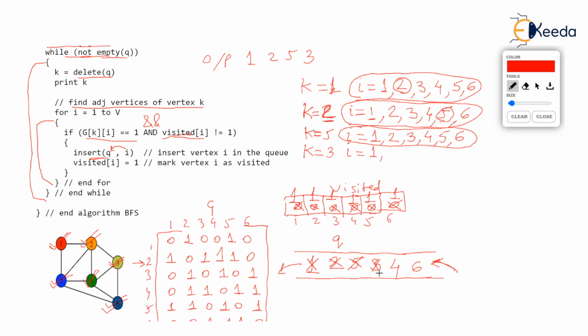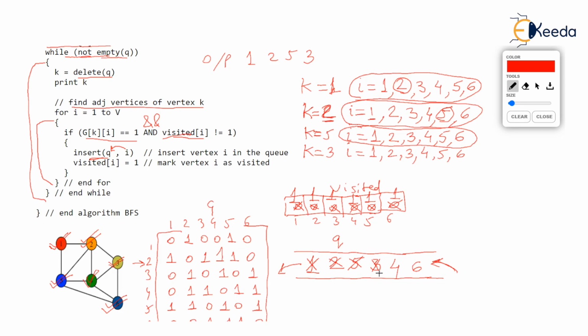I is 2. 3, 2 are adjacent, but 2 is visited. So forget it. 3, 3 is not adjacent, isn't it? 3, 4. 3 and 4 are adjacent, but 4 is visited. So forget it. 3 and 5 are not adjacent itself. 3 and 6. 3, 6 are adjacent, but 6 is visited.